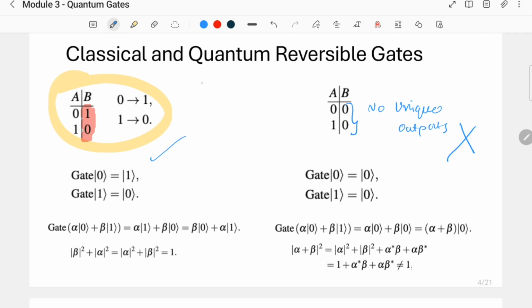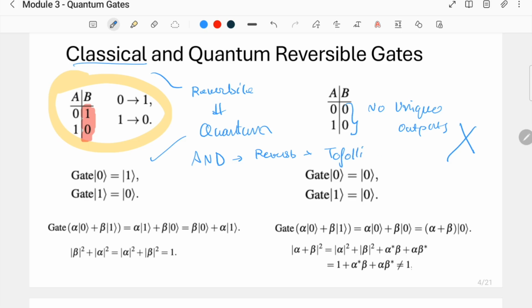Any classical gate which is reversible can be used as a quantum gate. If you remember from the first lecture, we made the AND gate, which is in classical information, reversible, and we named it the Toffoli gate.